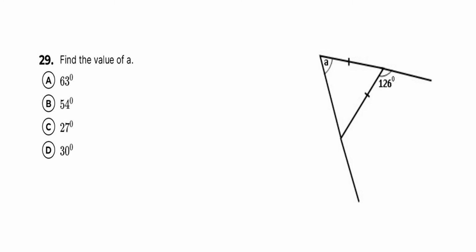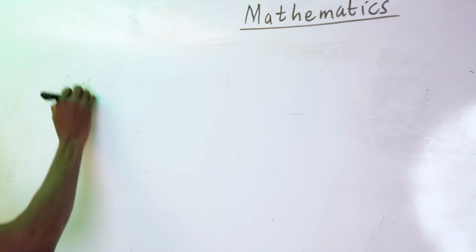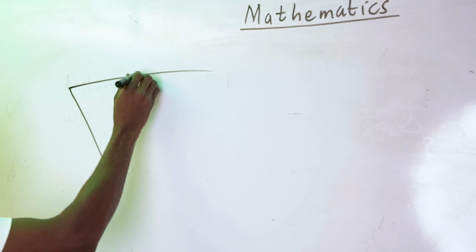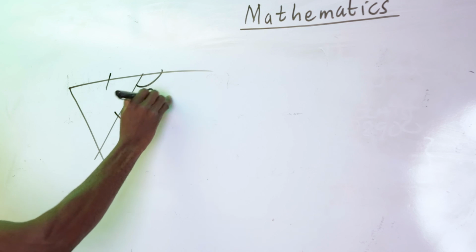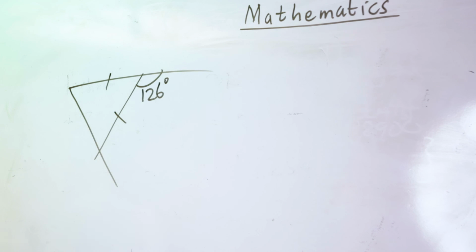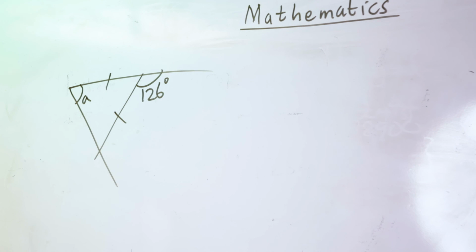Number 29. From the diagram, we understand that the diagram here is an isosceles triangle where we have 126 degrees here, and A here. We have to understand that A is one of the base angles, and the two base angles are always equal.